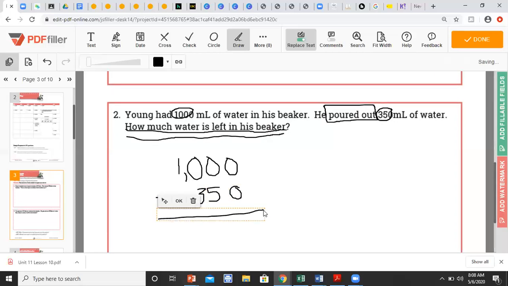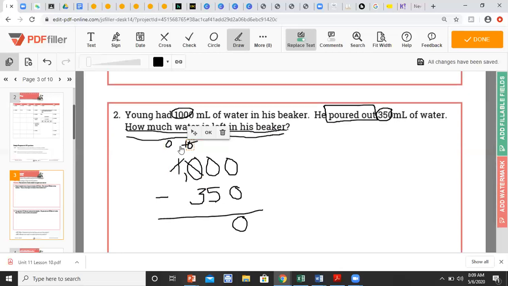Let's start from our ones place. 0 minus 0 gives us 0. Here, I know I'm going to regroup because I cannot subtract 5 from 0. So I need to go all the way to the thousands place. I cross that out, I'm going to have a 10 there, but I need to give 1 to the tens place, so I'm left with a 9, and this becomes 10.